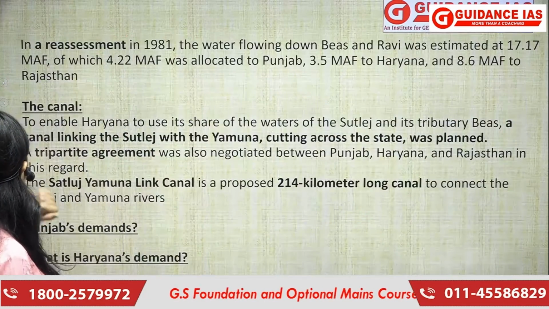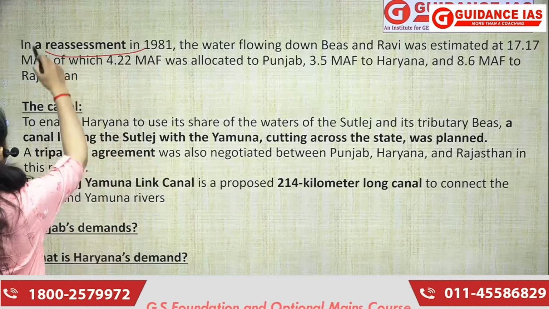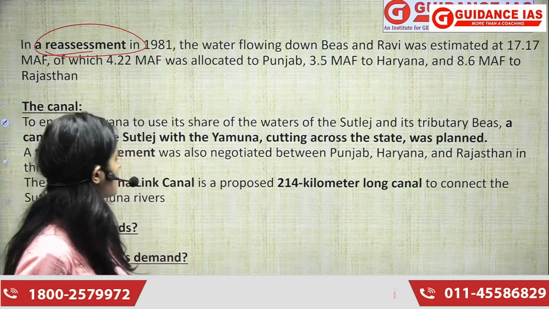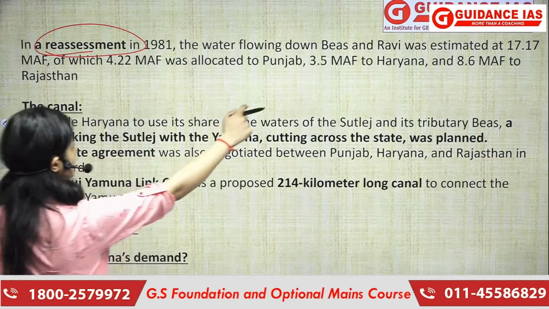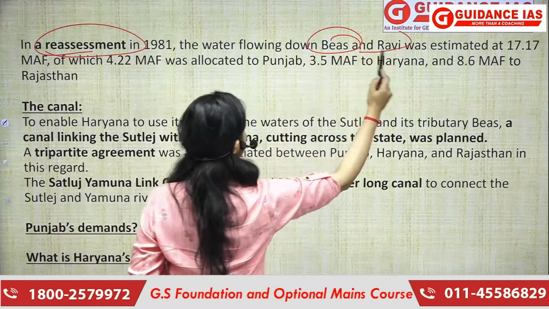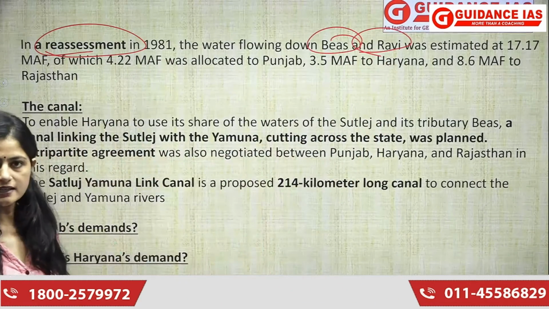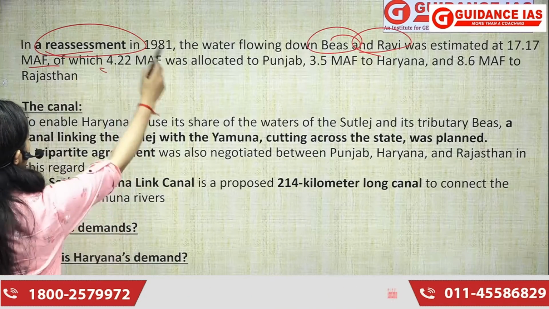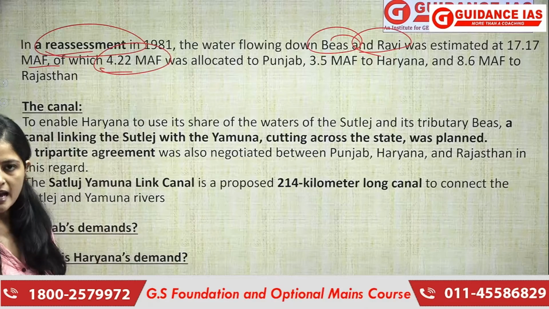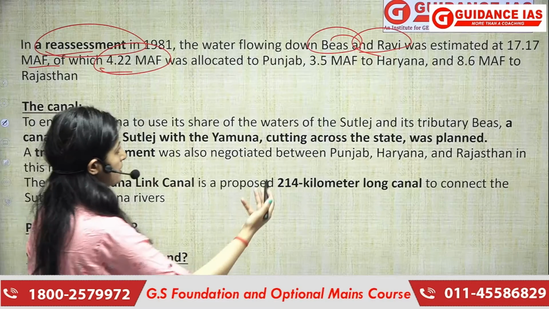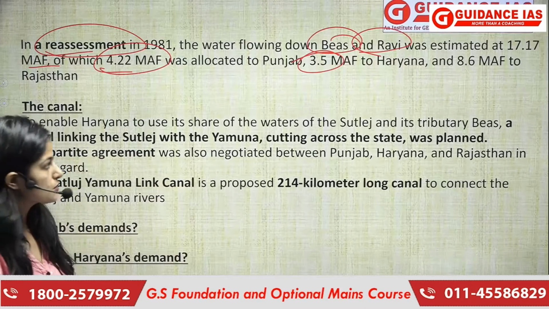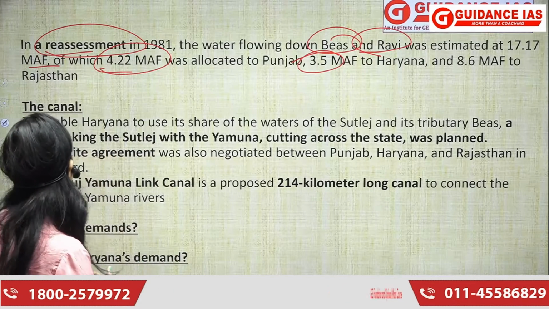Then after 1976, there was a reassessment in 1981 wherein the water flowing down the Beas and Ravi was estimated again at 17.17 MAF, out of which 4.22 was allocated to Punjab, 3.5 was given to Haryana, and 8.6 was given to Rajasthan.